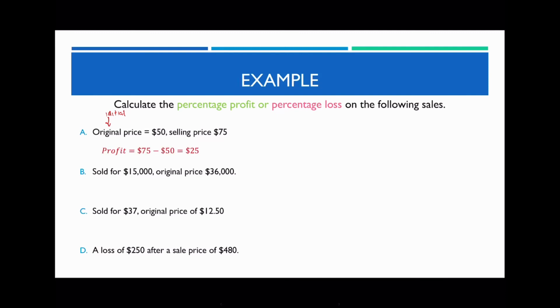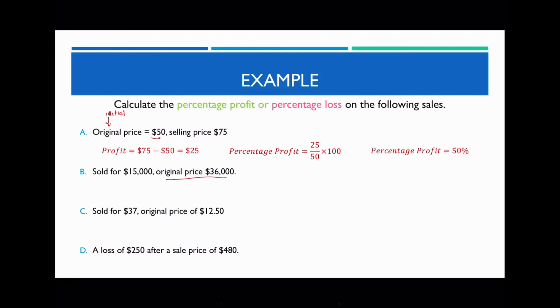So profit is therefore going to be final minus initial. This gives me a positive value, positive 25, and therefore to calculate the percentage profit, it's going to be 25 divided by 50, which is my initial amount, multiplied by 100, and therefore I'm going to get a percentage profit of 50%.